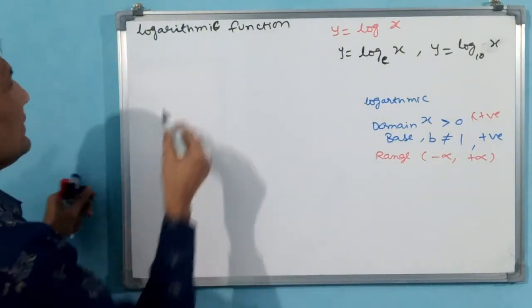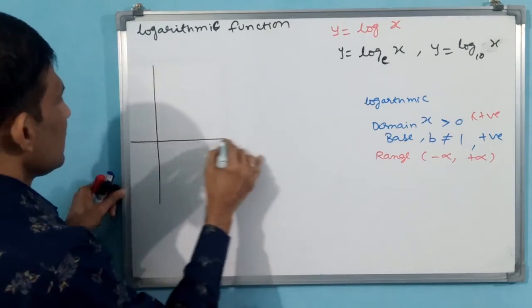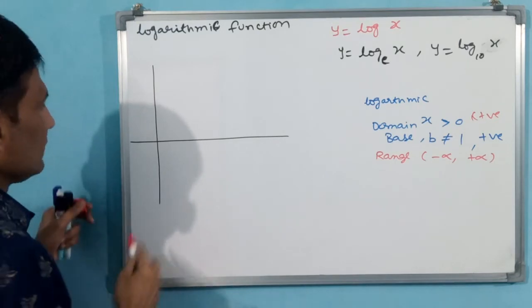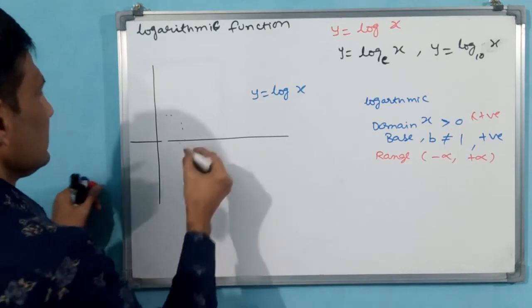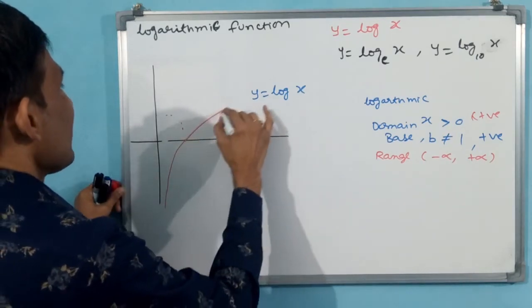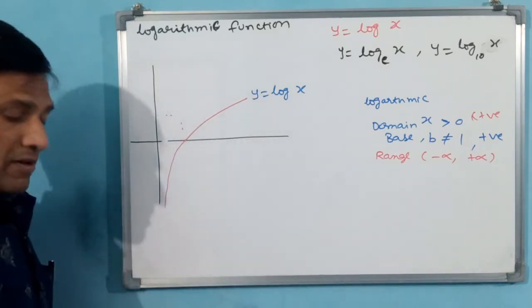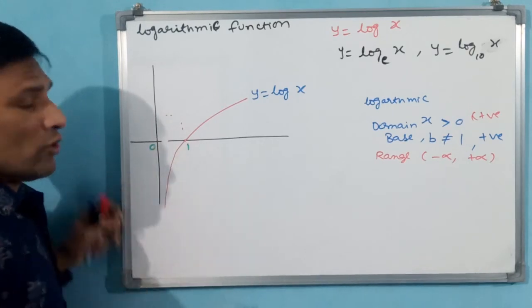See what I am writing. Where is it coming? You see 1. This is 0.